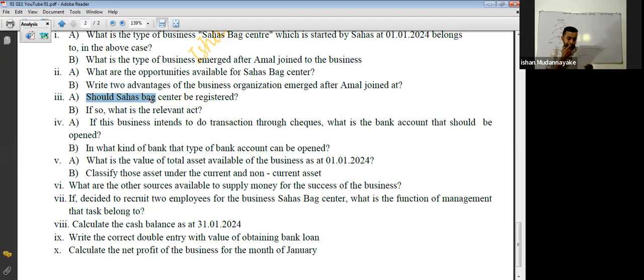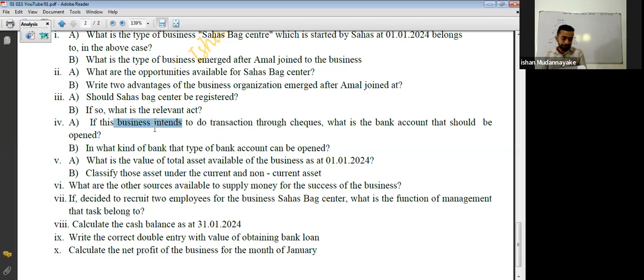Right. Look at Roman number 4. If this business intends to do transactions through checks, what bank account should be opened? The bank account is a current account. You need to open a current account.